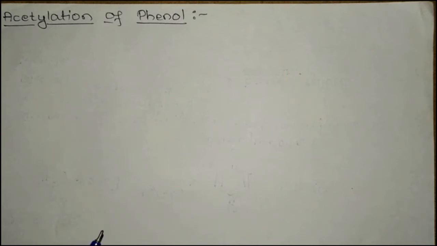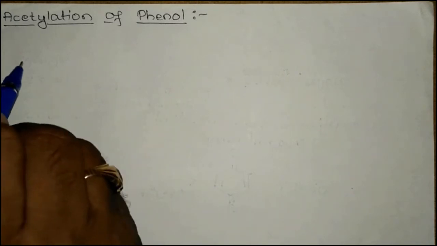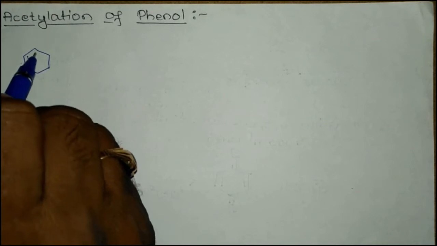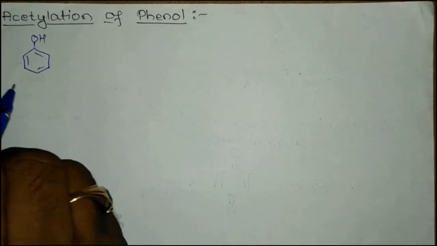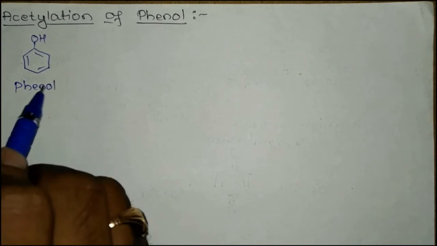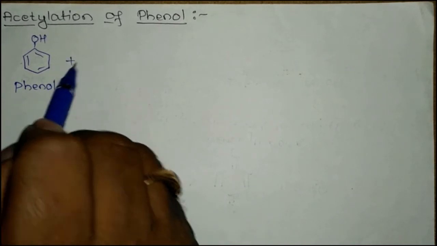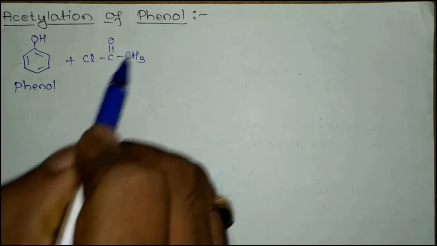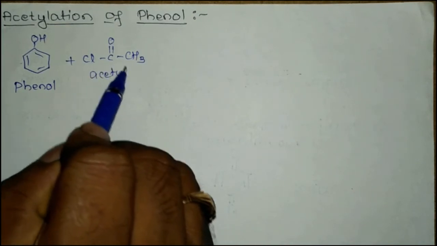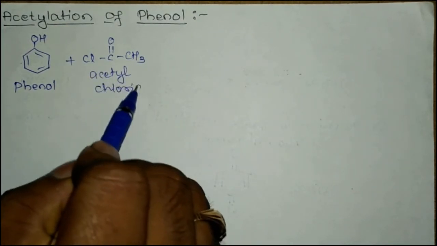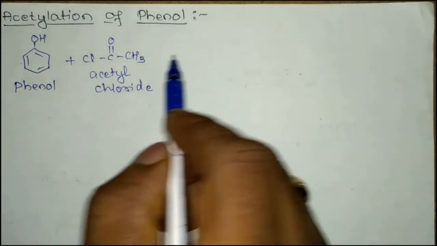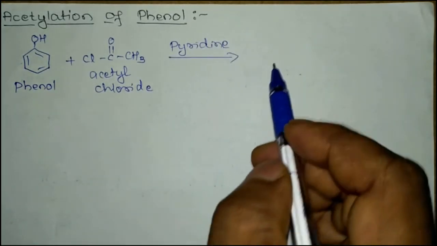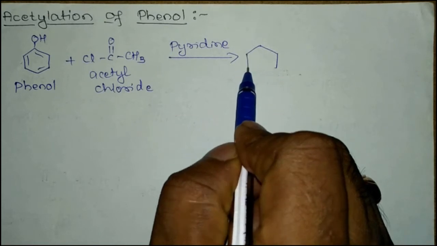Next reaction is acetylation of phenol. When phenol reacts with acetyl chloride or acetic anhydride: this is phenol. When phenol is treated with acetyl chloride, ClCOCH3, in the presence of pyridine catalyst, you are going to get phenyl acetate.